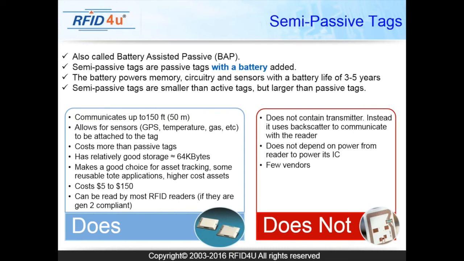But it does not contain a transmitter. It uses the backscatter to communicate. Therefore, we have to have a standard passive RFID reader to be able to read the data from the tag or to write data to the tag. It does not depend on power from the reader to power the IC, and it's not as popular as active tags, so there aren't a lot of vendors out there that are making semi-passive tags anymore.